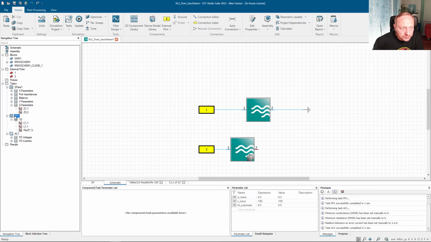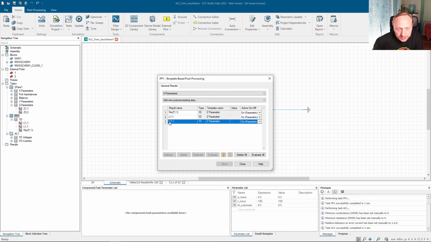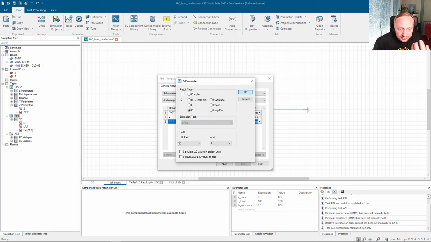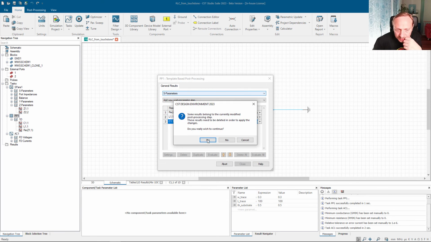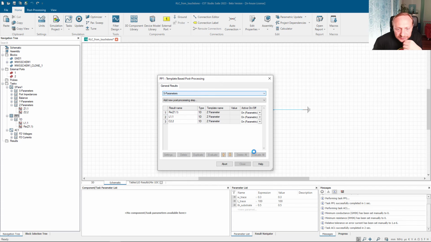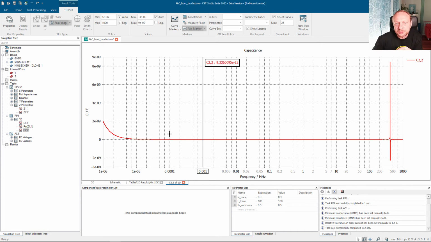And for the open circuit, if we now go into the calculation of the capacitance, and instead of using 1,1, obviously I use 2,2, which is the impedance of the open circuit. And if I calculate this, we can see that we now get a meaningful capacitance of 9.3 picofarads. That's what you would expect from this very thin trace.